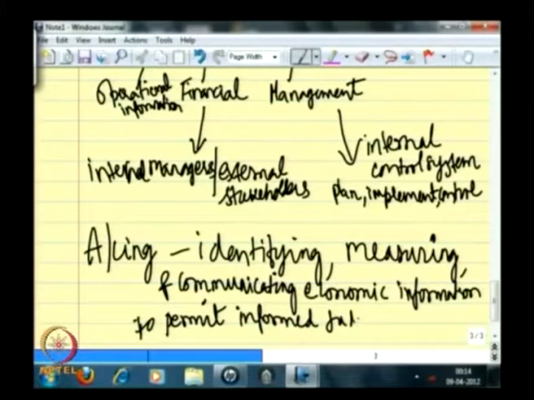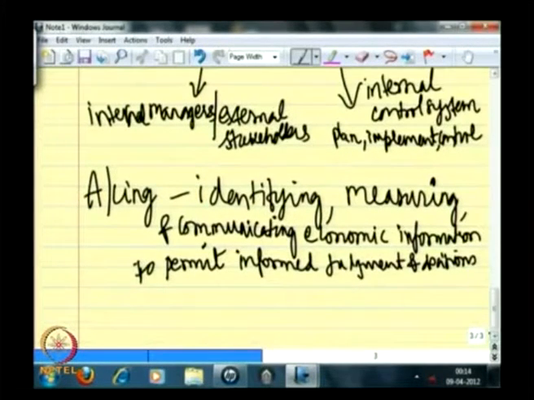And after doing this, why are we doing this? After you identify, you measure and communicate this economic information, then the users of this information can take informed decisions or make judgments. So, hence this permits informed judgment and decisions. Who?